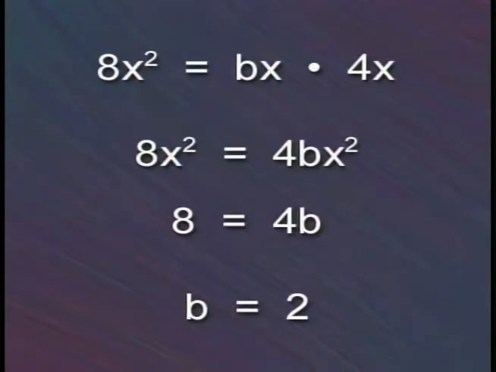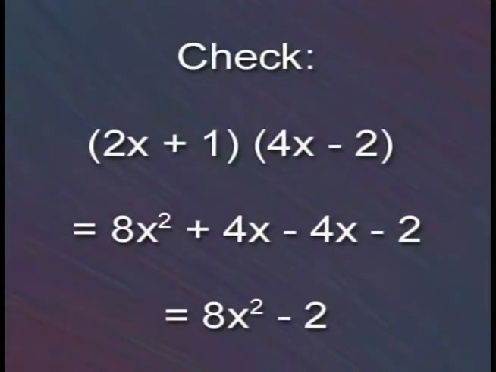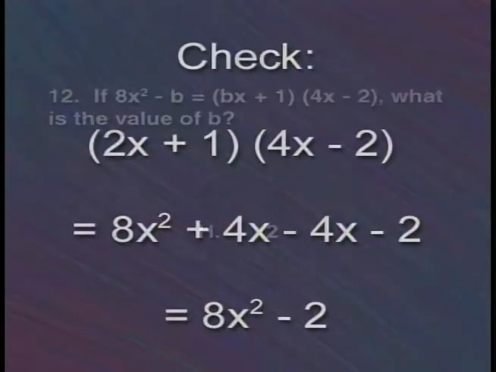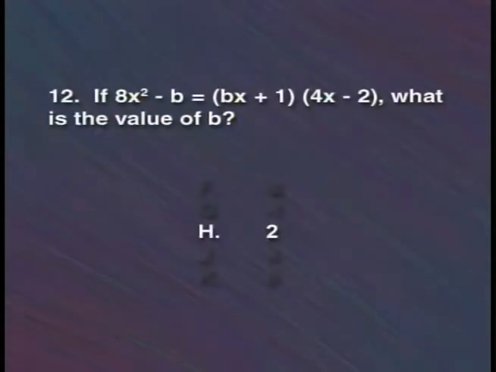The only value of b that works is 2. Thus, the factored expression is 2x plus 1 times 4x minus 2. Let's expand the factors to double-check our result. 8x squared plus 4x minus 2. These terms simplify to 8x squared minus 2. Thus, b equals 2 is the correct value. The correct answer is H.